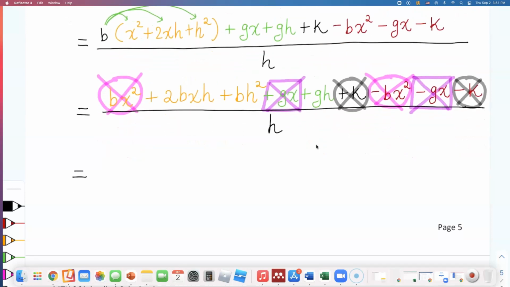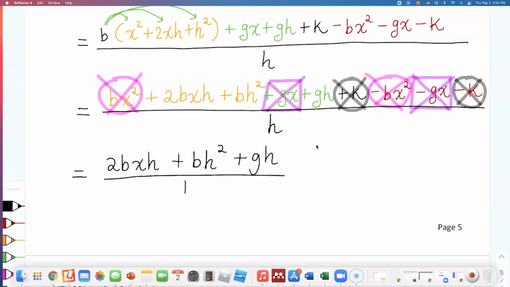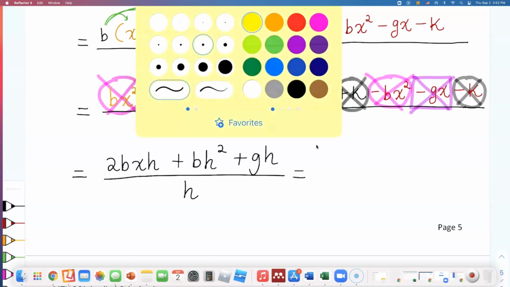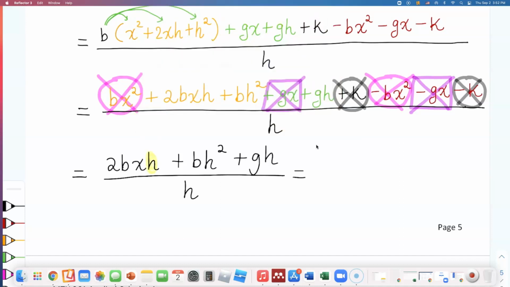Let me go ahead and write down what's left. 2bxh plus bh squared plus gh is what survived the great canceling out, all over h. Now notice all of them have h. So that's the good news. Look, all of them have h. This is going to lose its h.